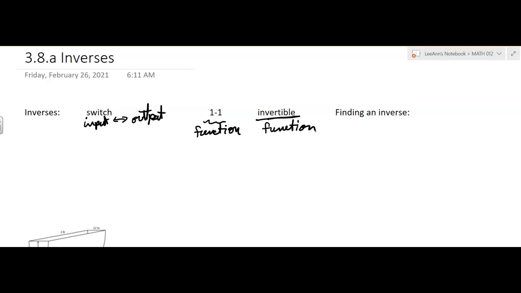Now, you also might remember the steps for finding an inverse. There were 4 steps. First you write f of x as y, write y. Then switch the x and y. Solve for y.